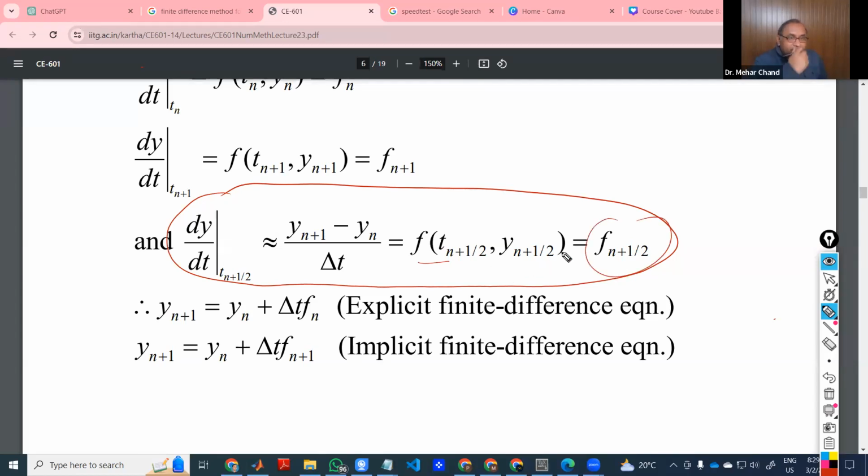So the same expression can be written in this way. Here is tn, here is tn plus 1, and here is tn plus 1 by 2.